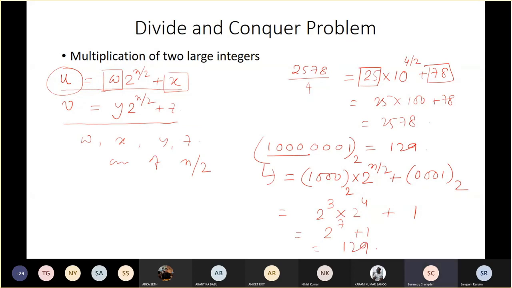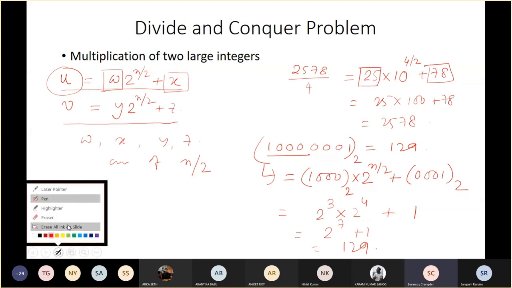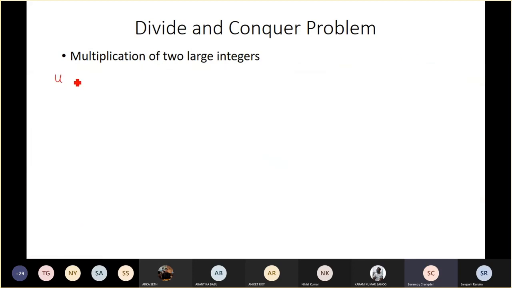So therefore, any number, whether it is decimal or binary or anything, we can represent a number u of length n as w of length n by 2 into 2 to the power n by 2 plus x, and v can be represented similarly as y into 2 to the power n by 2 plus z.